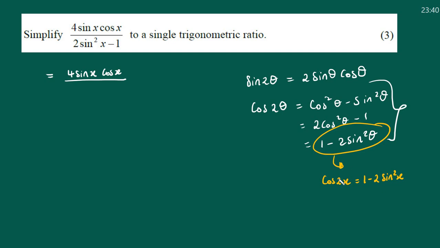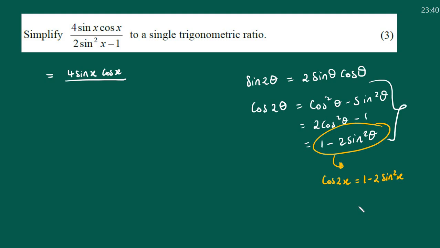Remember, you can use any letter, any variable that you want. So good people, but the problem that I'm having is that the 2 sine squared x is positive, but here it's negative. The one here is negative, and then here it's positive. So how do I get it to look exactly like that?